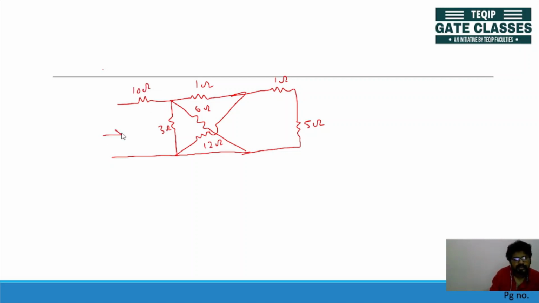We have to calculate R equivalent at this terminal. To calculate R equivalent at this terminal, we have to reduce from the end side.